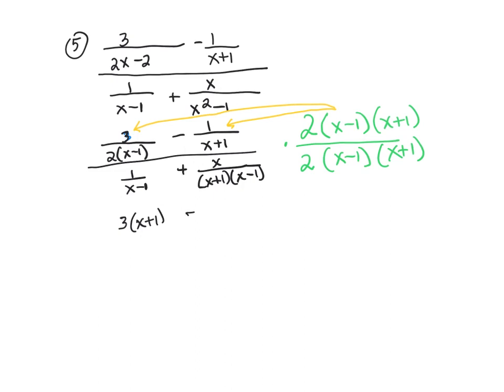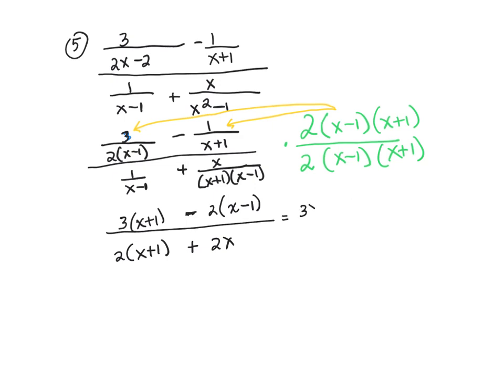In the second one, the x plus 1's divide through, so we're left with 2 times x minus 1. In the bottom, the x minus 1's divide through, so we're left with 2 times x plus 1. And in the last one, the x minus 1 and the x plus 1 divide through, so we're just left with a 2x.